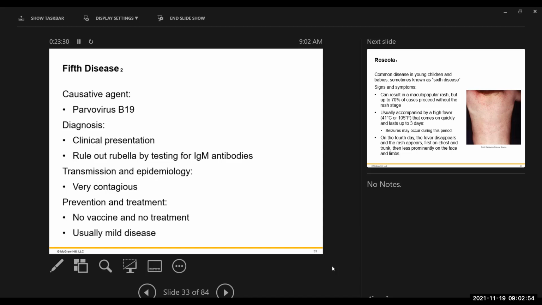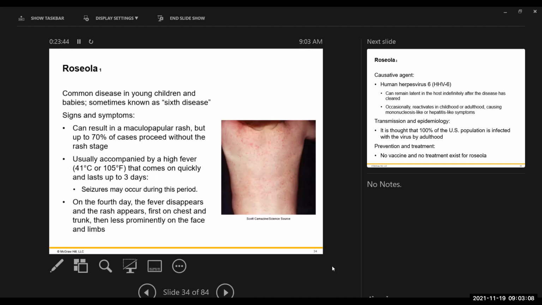No specific antivirals are available. If anemia becomes a problem, a blood transfusion usually will fix that just fine.